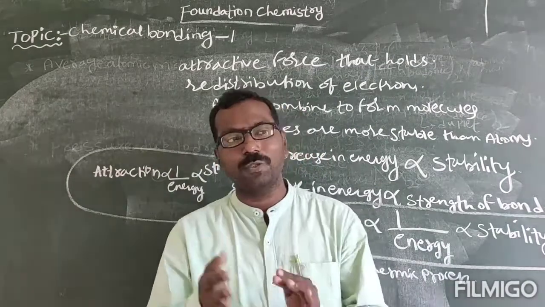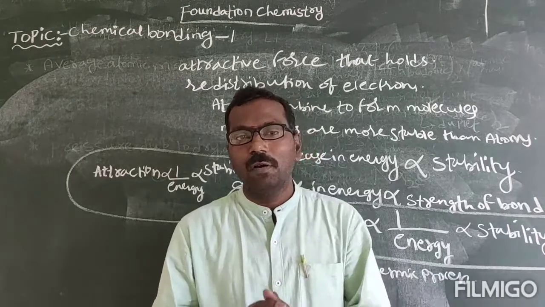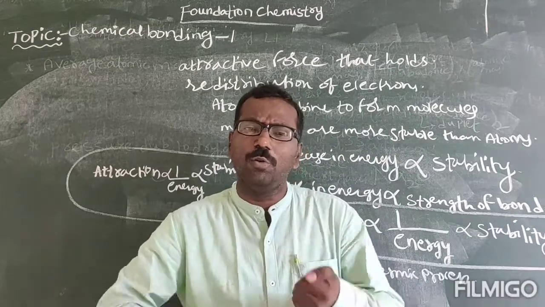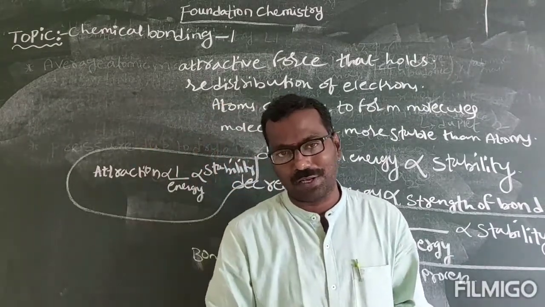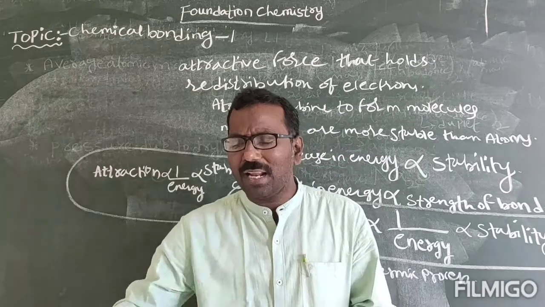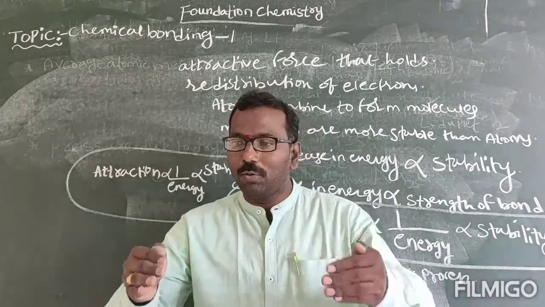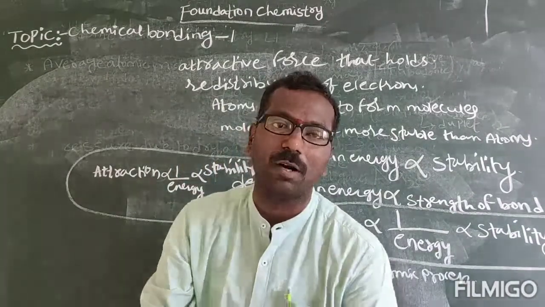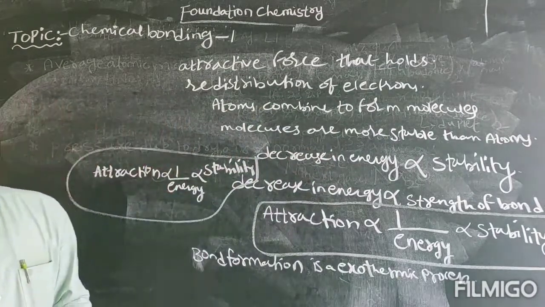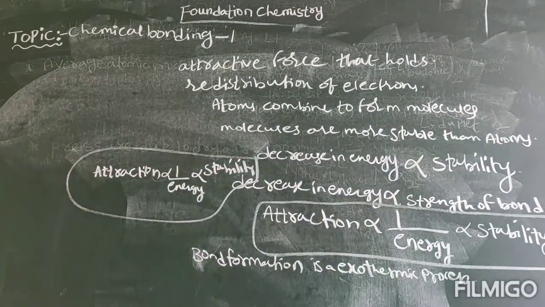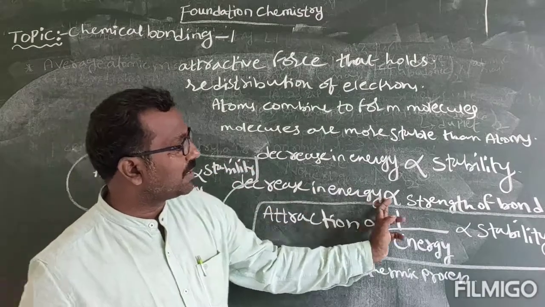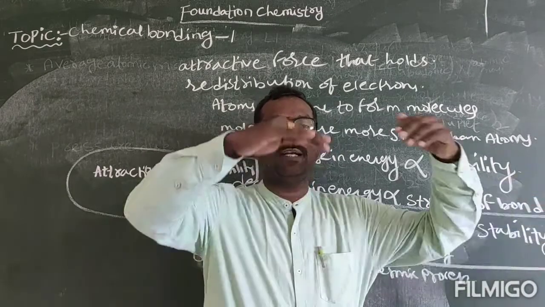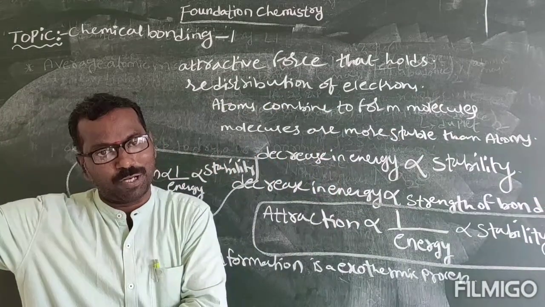In the same way, when you are racing, when your energy is more, you accelerate and run very fast. But then deceleration comes, and you come to one stable place when you reach your target. Is it or not? In the same way, in chemical bonding, I can conclude in a single sentence that the decrease in energy is directly proportional to the strength of the bond. The more the decrease, the stronger the bond formation.